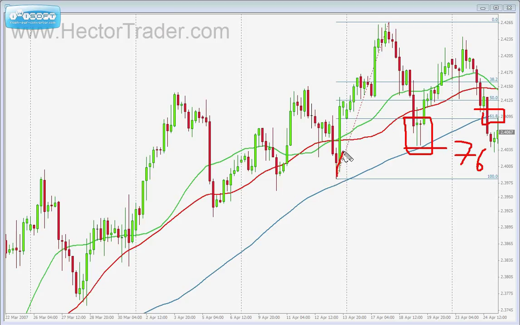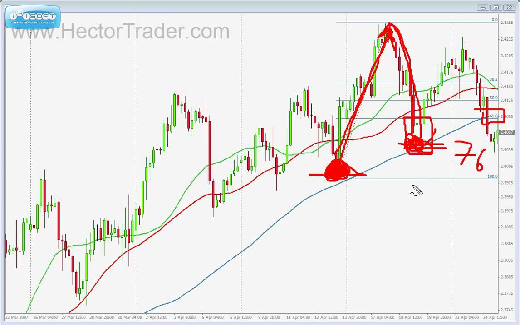Yes, sure, you have a whole new swing to the upside, but the retracement goes almost all the way back to the starting point, the place from where the swing sprang off, and the retracement goes all the way back down to where it all began. All right, I don't like that.